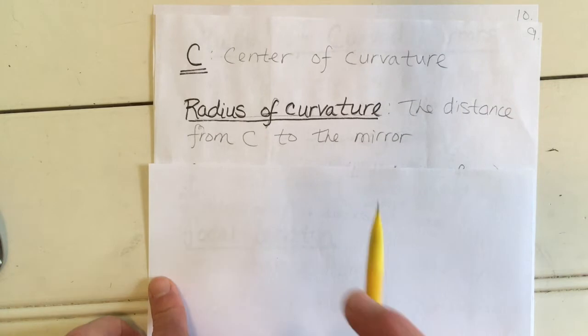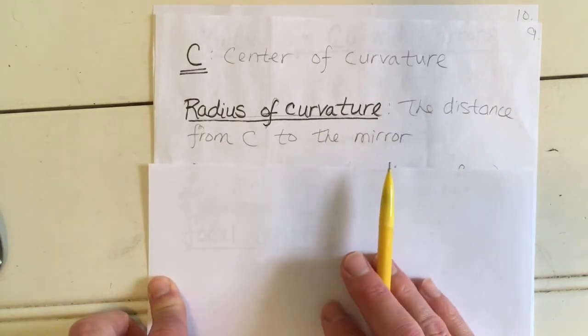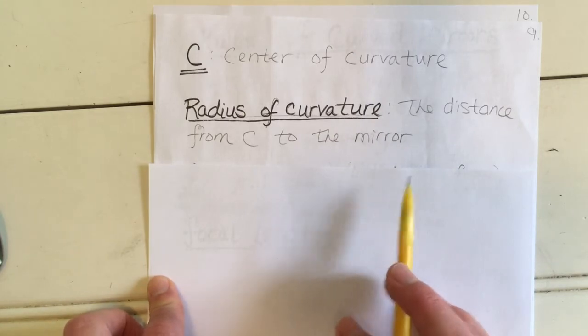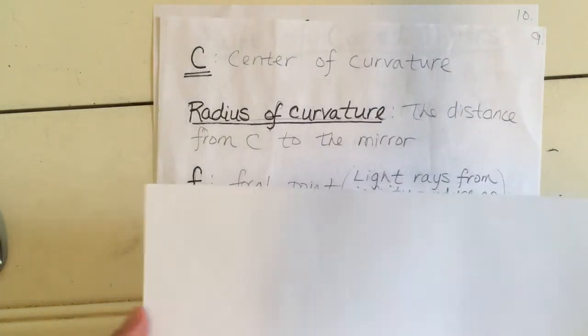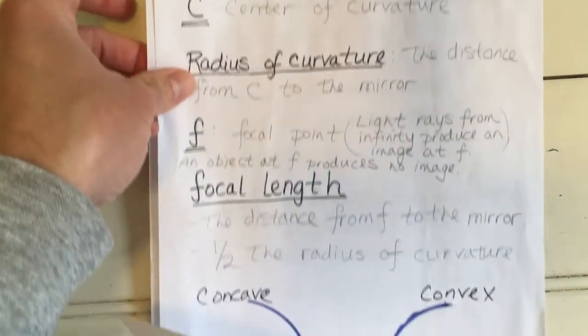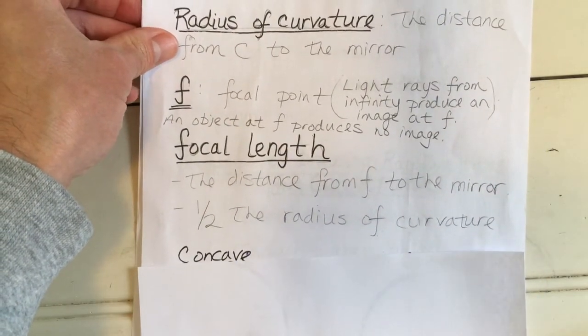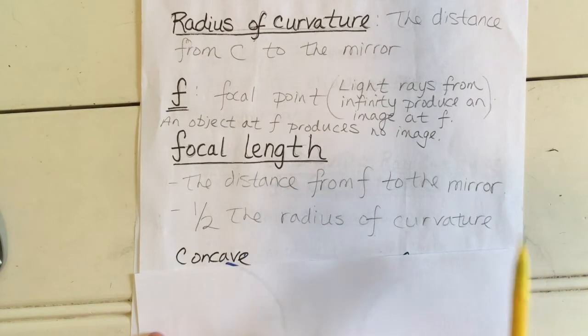I said that half this distance is a special point called the focal point, and that half of the radius is also called the focal length. So I'll go ahead and write that down. And then I will have it in a drawing here below in a second. I'll show you.